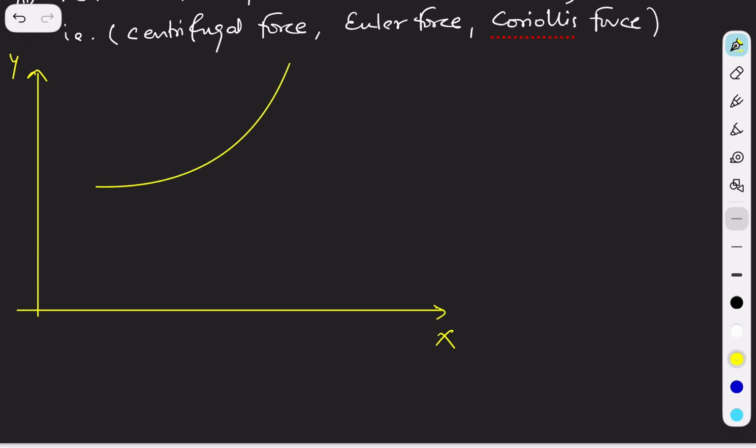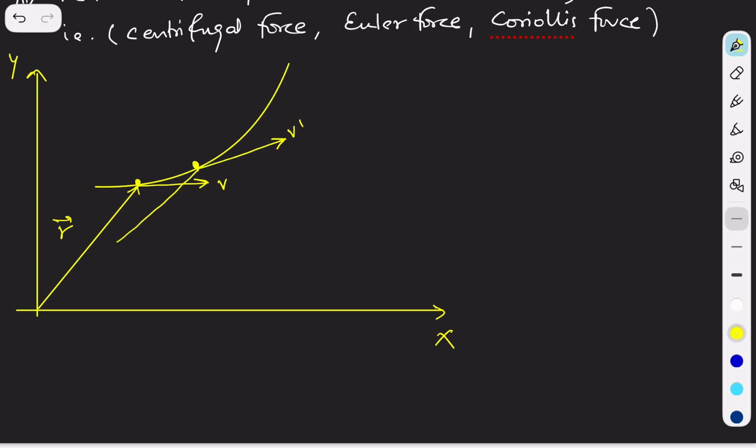So right now, let's say this is its position vector r. And if it moves on this curve, right now the velocity is in this direction, v. After a certain time, it will reach, let's say, here. So the velocity will be like this, let's say v dash, and this is your new position vector, that is r dash.